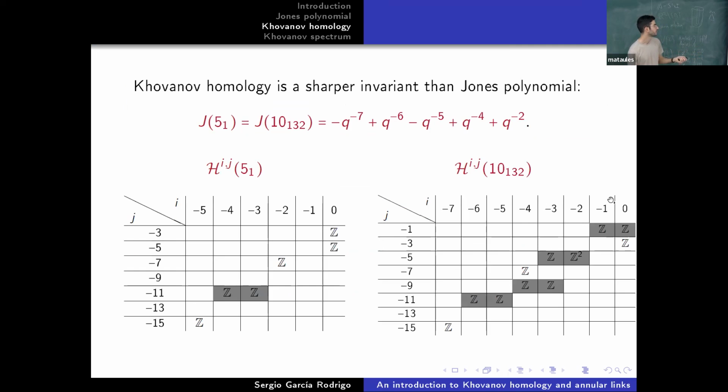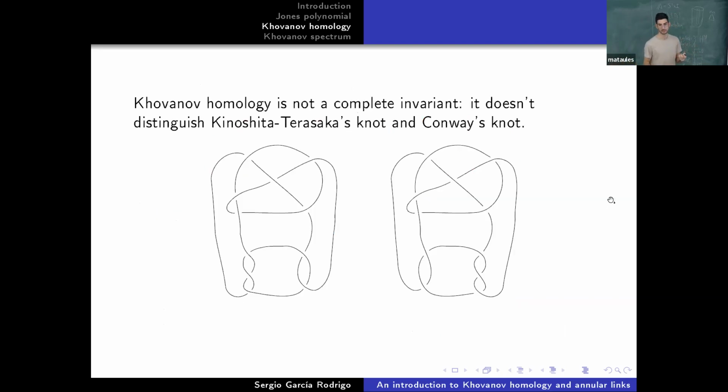We see that right here there are a lot more groups than on the left, but when you recover the Jones polynomial, those graded groups will cancel out each other. So you get the same Jones polynomial. So there are knots that the Khovanov homology can distinguish, but the Jones polynomial doesn't. So it's a better invariant, but it's not complete.